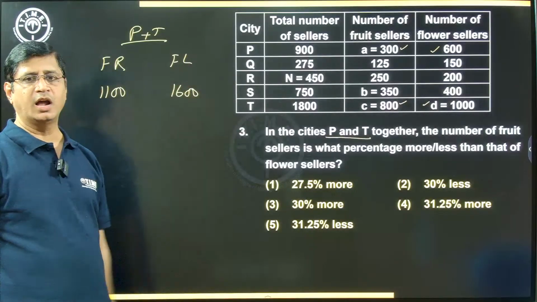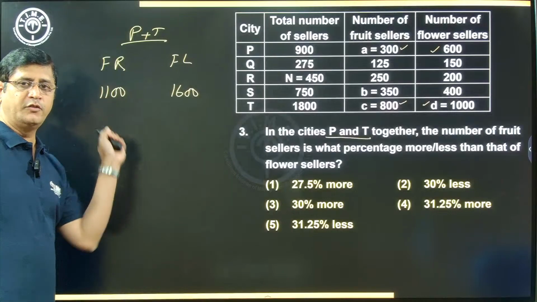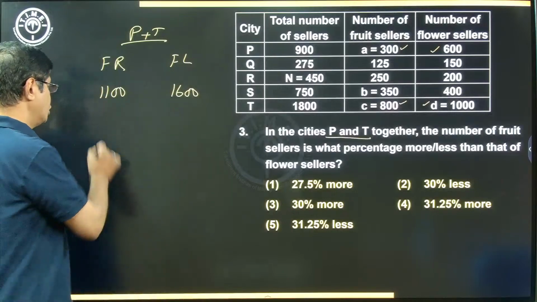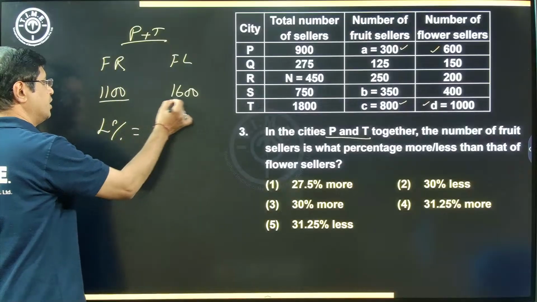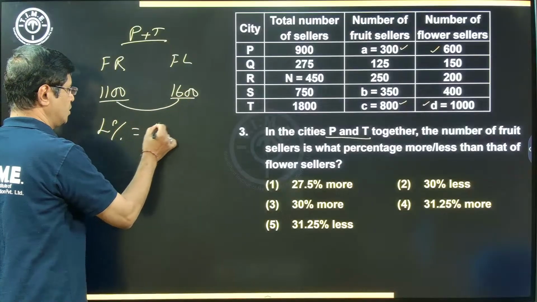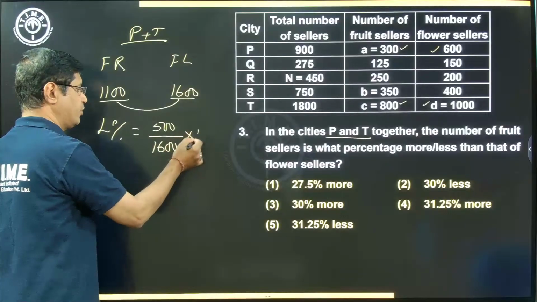Now what to find? Here, more or less percentage. The fruit sellers are 1100, which is less than the flower sellers. So less percentage is to be found. Less percentage means the difference of these two values divided by the higher value, times 100. Simplify.